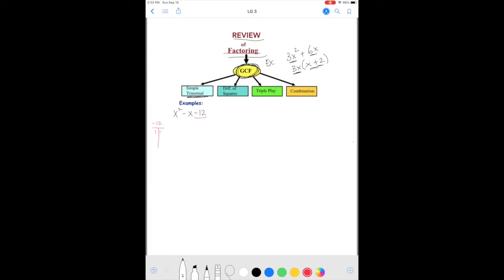So we have 1 times 12, 2 times 6, and 3 times 4. Now this negative sign is really important because it's got a negative there. That means we're subtracting, we're subtracting, we're subtracting.